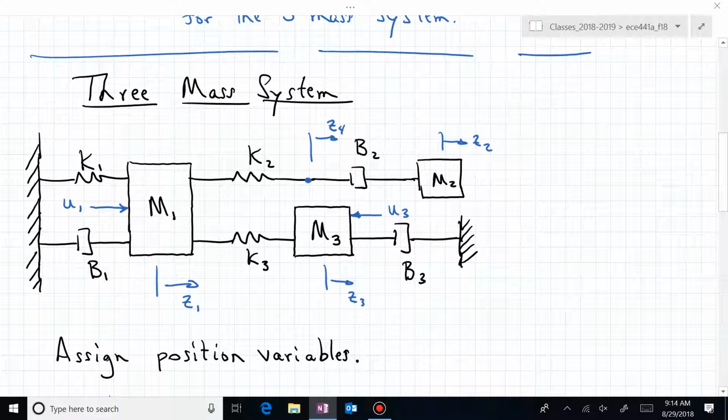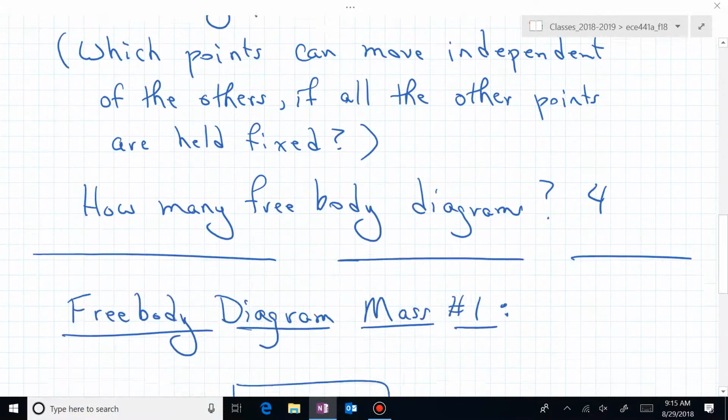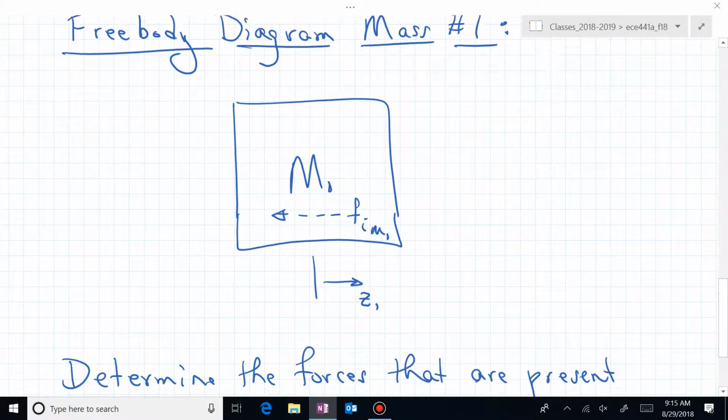So let's now label those, and I'm going to have multiple free body diagrams with the same springs. So I'm going to make these forces start with a left subscript, labeling with a 1, meaning I'm going to say I have a force due to spring 1, K sub 1, but that's in free body diagram number 1.